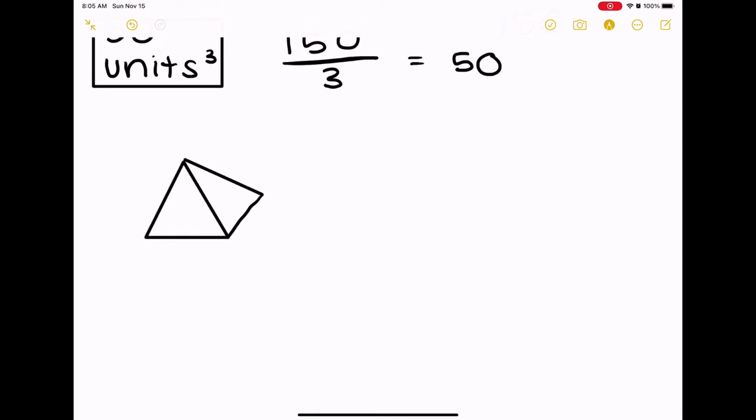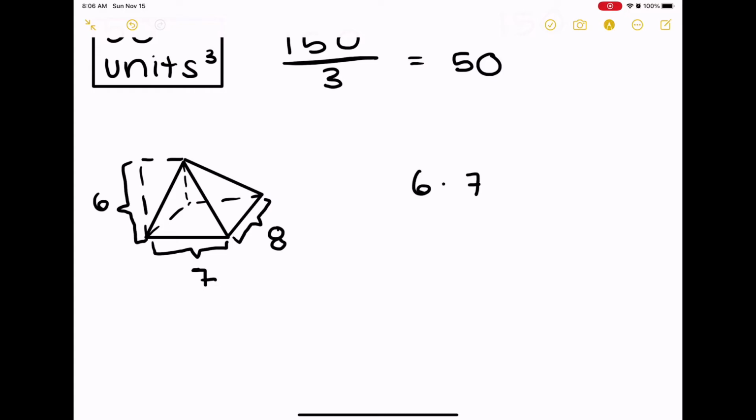Let's say we have this one right here, and let's say the height was 6, and one of the sides was 7, and the other was 8. So in this case, we could do 6 times 7 times 8 divided by 3. And we can simplify this.